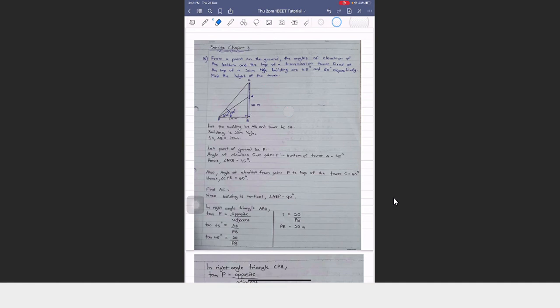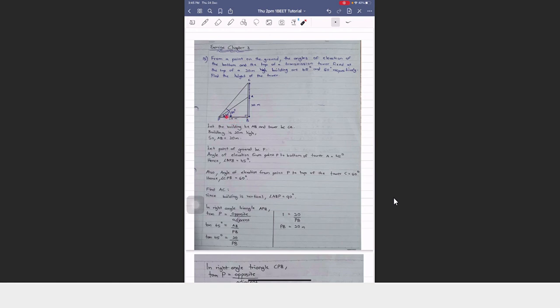What you are given from the question is a 20-meter high building. So this is 20 meters tall, the height of the building. Of course, you can see your friend put 20 here. Why? Because this is 45 degrees.